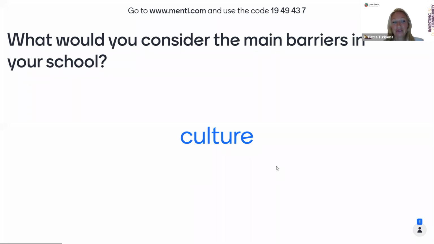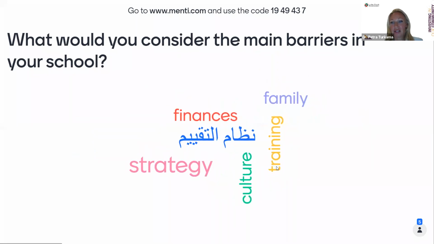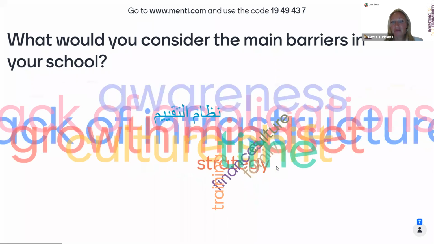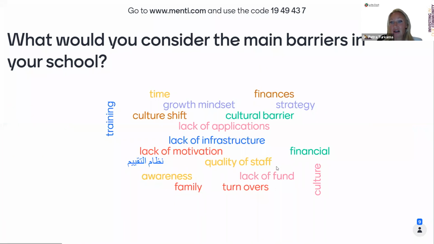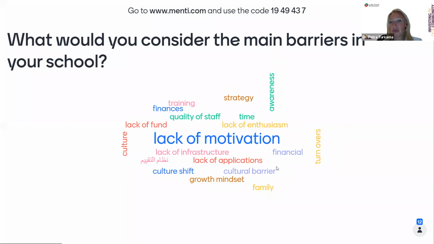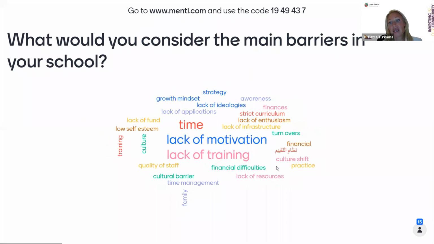Yeah, culture. Like I say, culture eats strategy for breakfast. That's another saying. So culture is very important. Maybe family, strategy, time. Unfortunately, time also, it takes some time to be creative and think about doing something different. Awareness, yeah, maybe not even thinking about it.